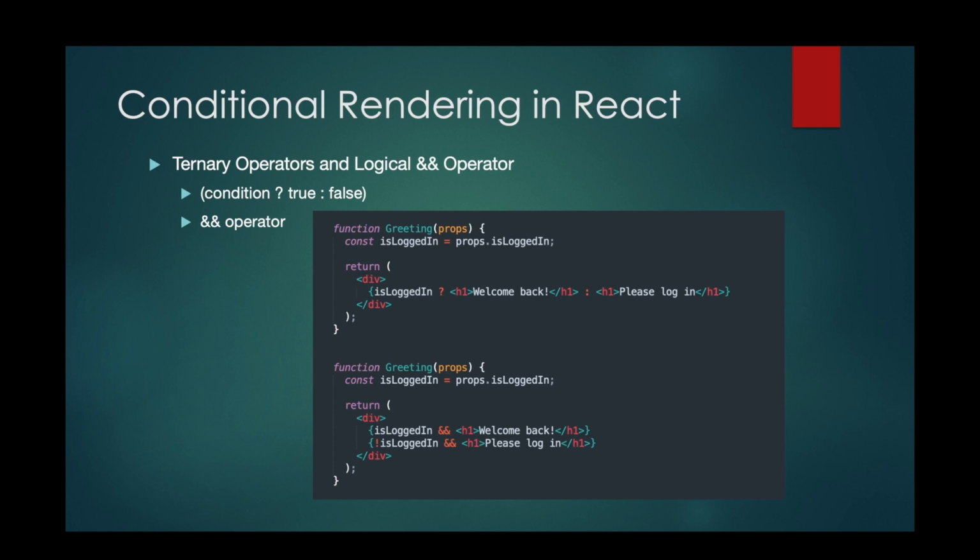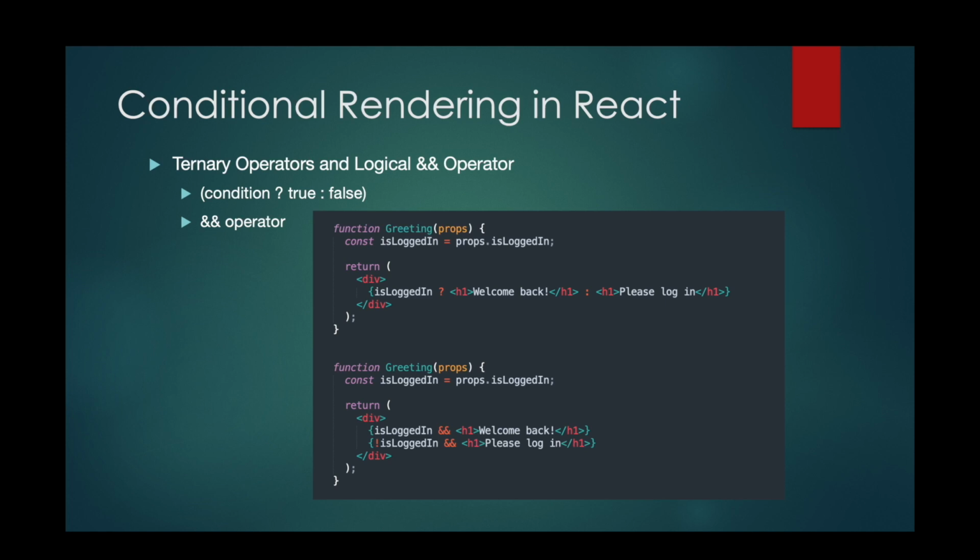Ternary operators and the logical AND operator. The ternary operator is condition ? true : false. The logical AND operator can also be used for conditional rendering in JSX, providing a more concise syntax for simple conditions. If you look at both the examples above, the isLoggedIn variable is used to conditionally render different JSX elements based on its value. So the first one returns, if the user is logged in, welcome back, or it will say please log in, which is similar to the previous example.